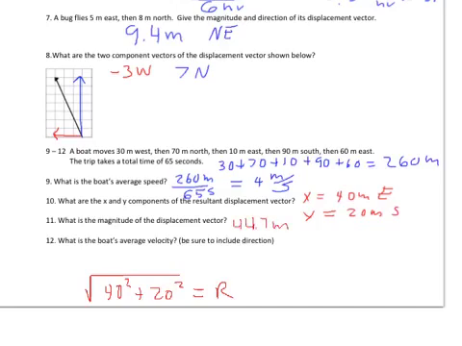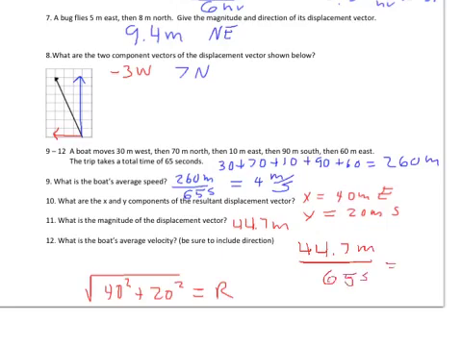44.7 meters. What is the boat's average velocity? Well, if you think about it, this is the total displacement, the magnitude of the displacement. Now I just have to divide that by the total time it took to make that displacement, 65 seconds. So my answer is going to be 44.7 meters divided by 65 seconds.